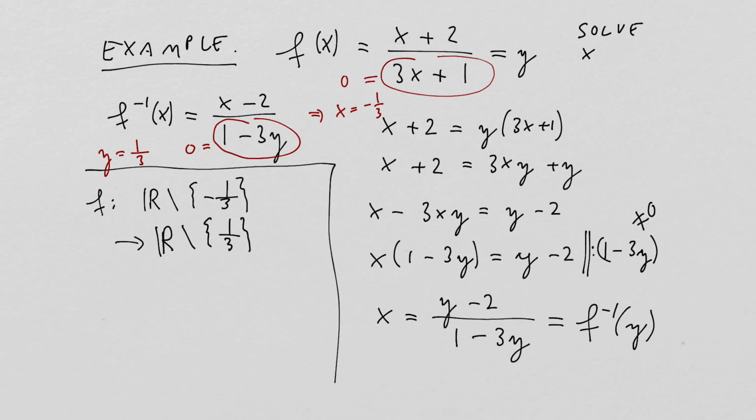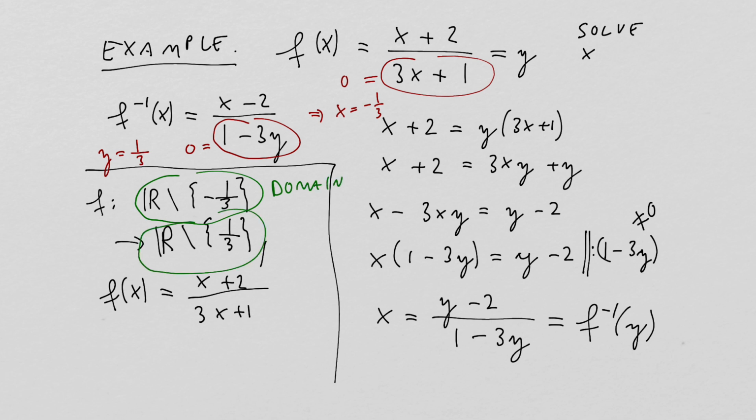So f is a function like this, and the formula of f is as we wrote in the above. So for this function we found the domain and we found the image set.